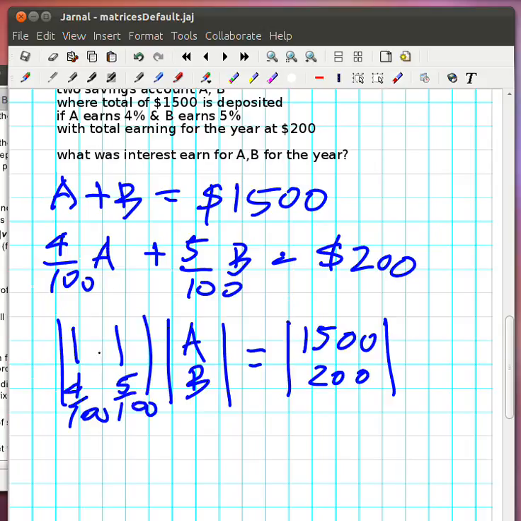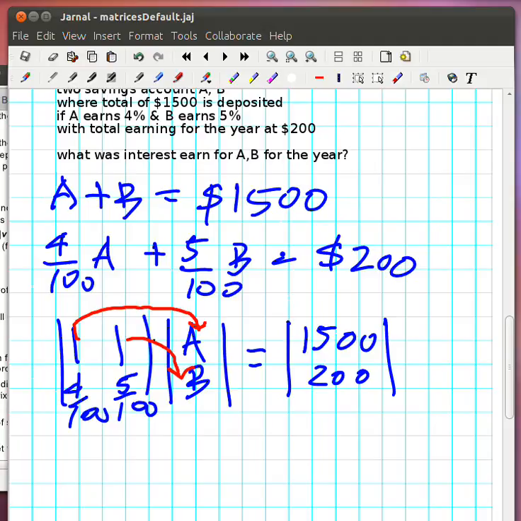So here how we work with matrices is we have a special way of multiplying them out to look exactly like this algebra equation here, right? So what we do is this one goes with this one, we multiply 1a, and then we multiply down 1b, right? So 1a, 1b equals the top half, so because we're working with the top half, equals $1,500.